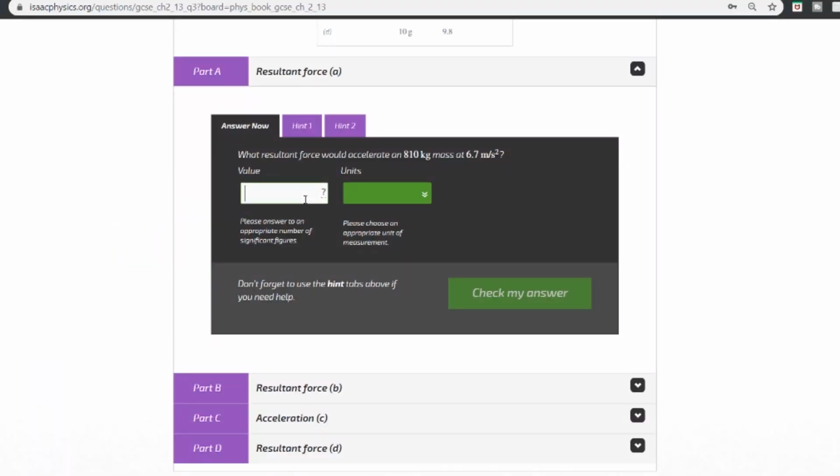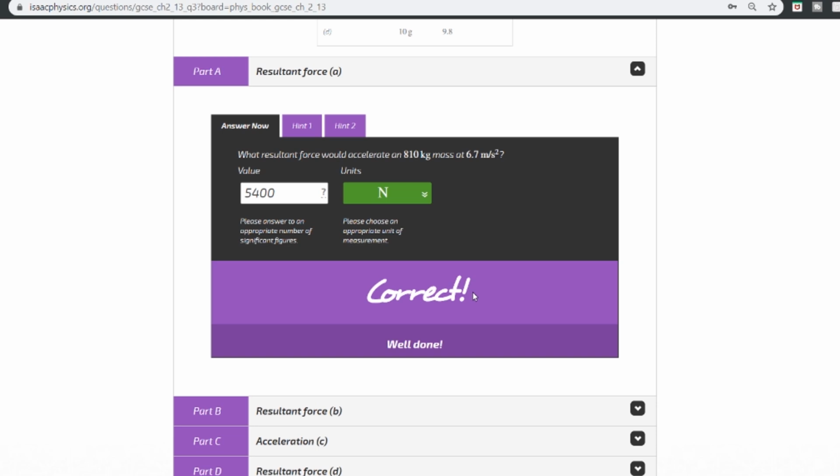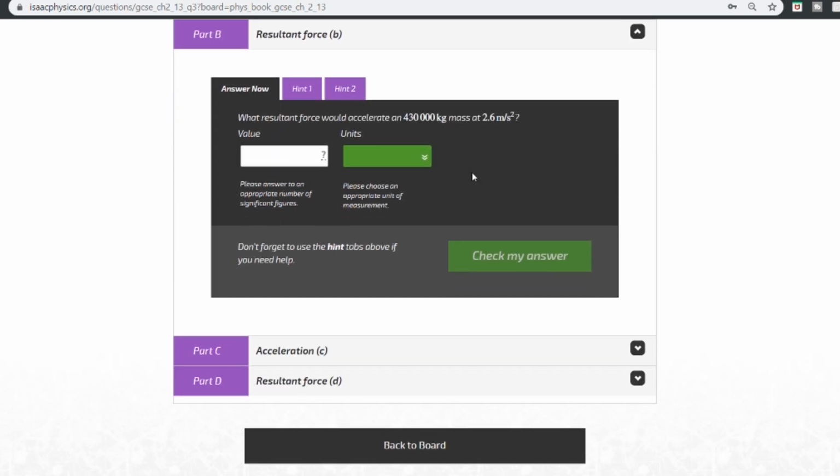Okay, so part A, the resultant force, the value, please answer to an appropriate number of significant figures. So really the answer should be given to two significant figures like that, and my answer was 5427, so I'm going to put 5400. A force, so it must be in newtons, check my answer, and there we go, that is correct.